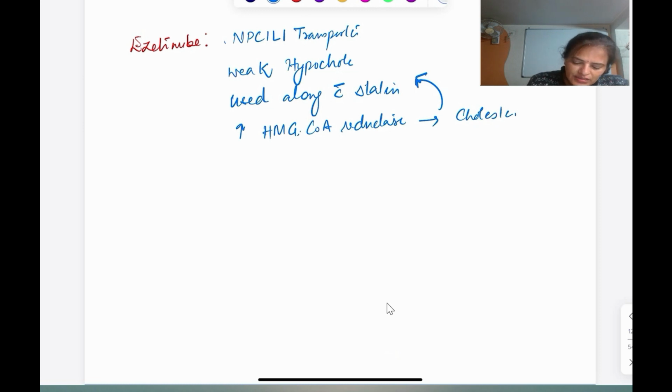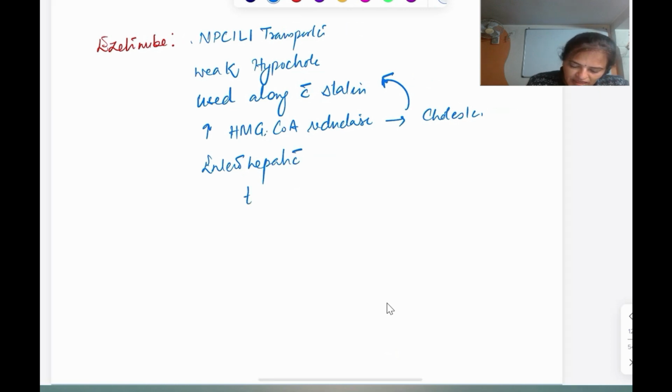This drug undergoes enterohepatic circulation, so its half life is 22 hours.